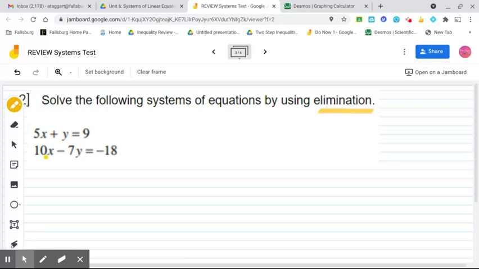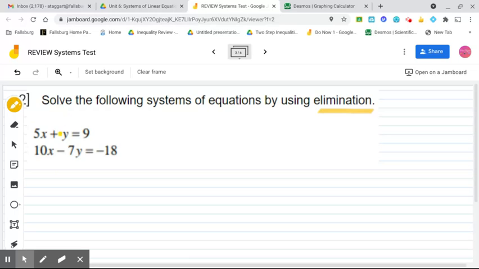Elimination is where we add the two equations together in order to cancel off either the x terms or the y terms. One of them should be positive, one should be negative, and it should be the same number. It should be like positive 10x, negative 10x, then they can cancel each other off.